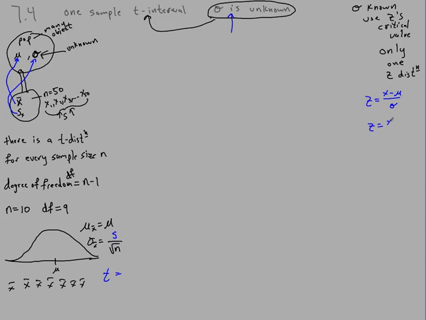When I'm dealing with x bars, this is the sampling distribution. Well, t is basically the same thing, but it's x bar minus mu over s over the square root of n. It's just how many standard deviations away.